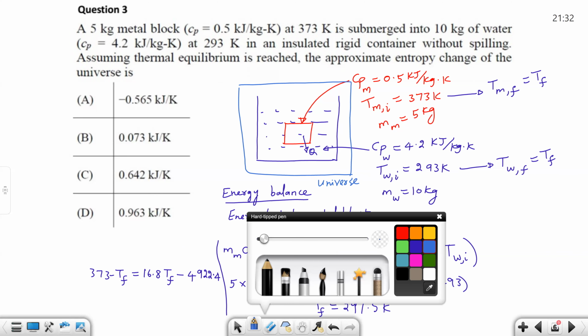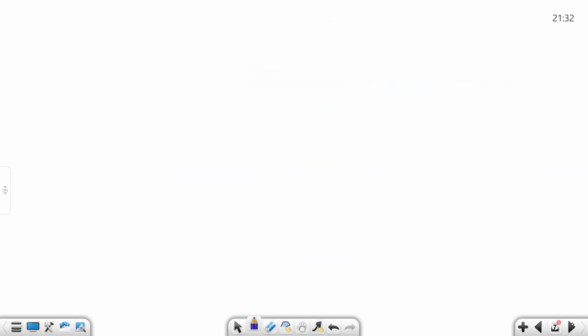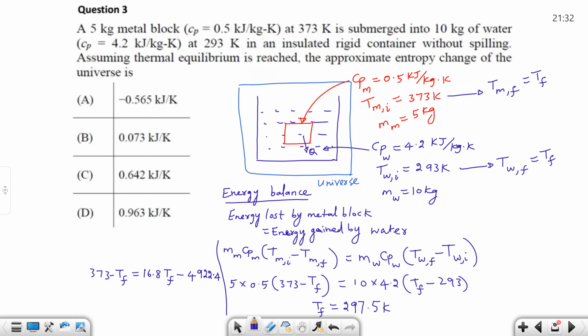So entropy change of the universe equals entropy change of the metal block plus entropy change of the water. The heat gained and lost is at constant pressure, so there is no change in the pressure. The heat gained by the water and heat lost by the metal block is a constant pressure process.